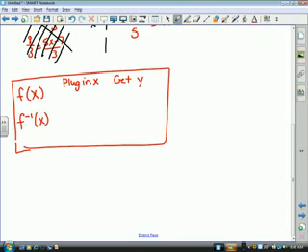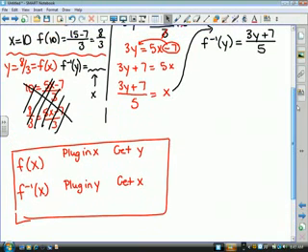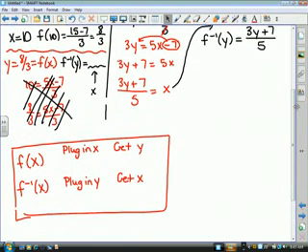But when you have an inverse function, what you're really doing is you're plugging in a y value and you're getting the x value. That's really what you're doing. And that would make perfect sense if I could write my answer like this.